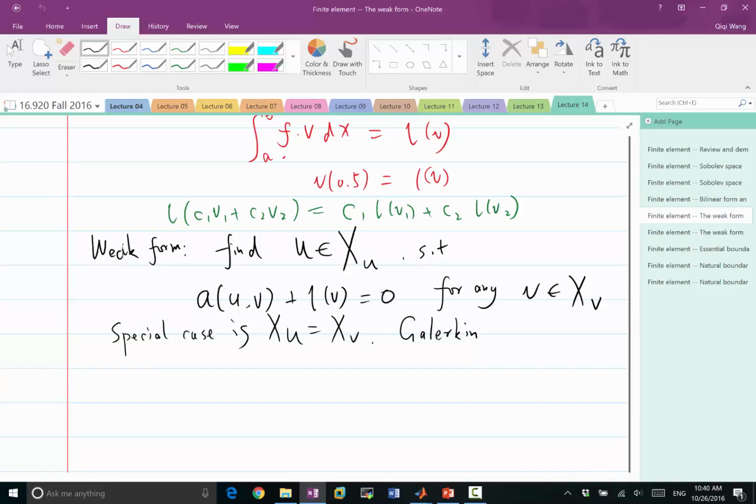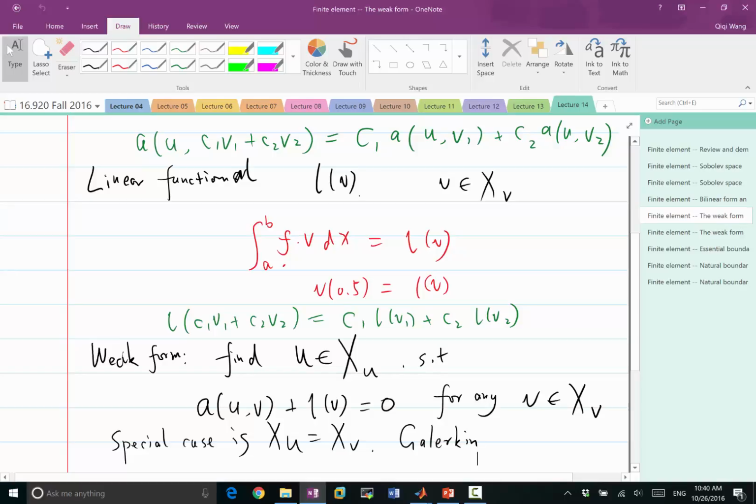When we go from this infinite dimensional space to a finite dimensional space, we are also selecting the basis in the same way. All right, so this is a general form of a weak form of a differential equation.